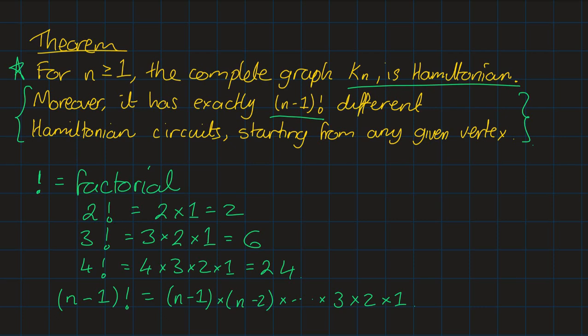I'm only including it to give you the complete picture. But if you're uncomfortable with this factorial notation, it's not the biggest problem you have to worry about. You should focus on other things. But the moral of the story is that the complete graph is Hamiltonian, okay? And it has lots of Hamiltonian circuits.